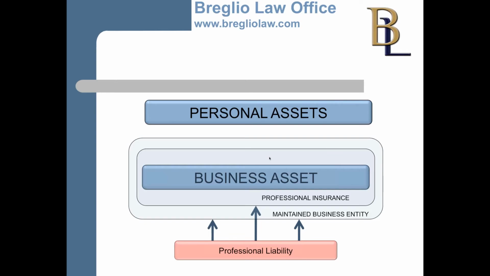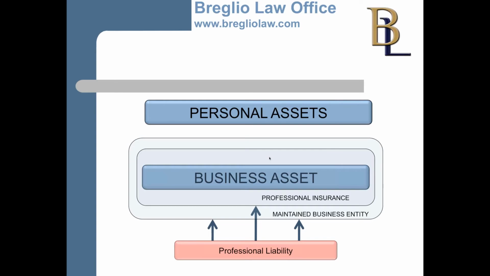You'll notice though that the personal assets on top aren't touched, right? Because that business entity kind of stops that professional liability from getting any higher. It can't get through the business and attach those personal assets. That's called the corporate veil protection. That corporate veil protection maintains everything within the business.